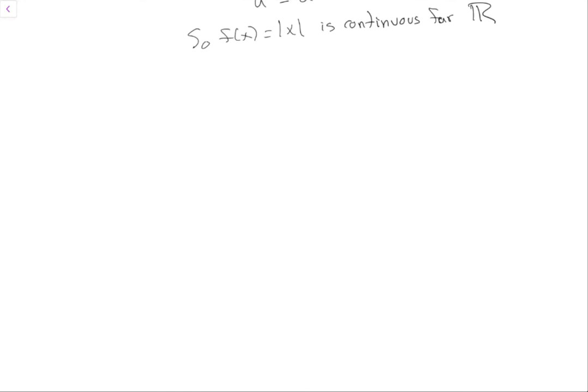Or actually, before I jump on polynomials, let's think about the root function. Let's consider f of x to be equal to root x. So maybe the question here would be, where is f continuous?